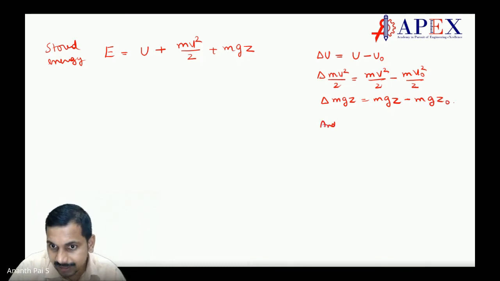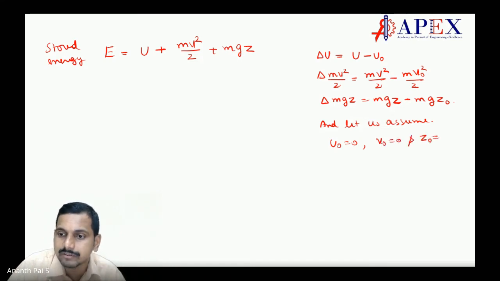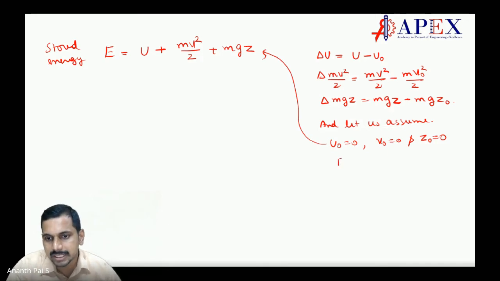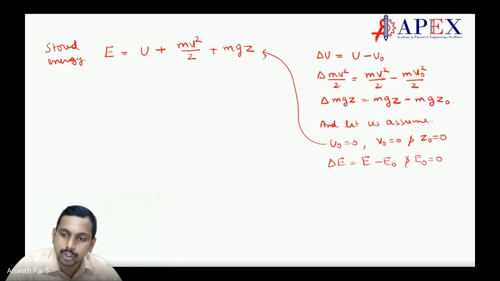Let us assume, arbitrarily, U naught is equal to 0, v naught is equal to 0, and z naught is equal to 0. Then we will get this stored energy. Similarly, delta E is equal to E minus E naught, and E naught is equal to 0. Then we will get this together.